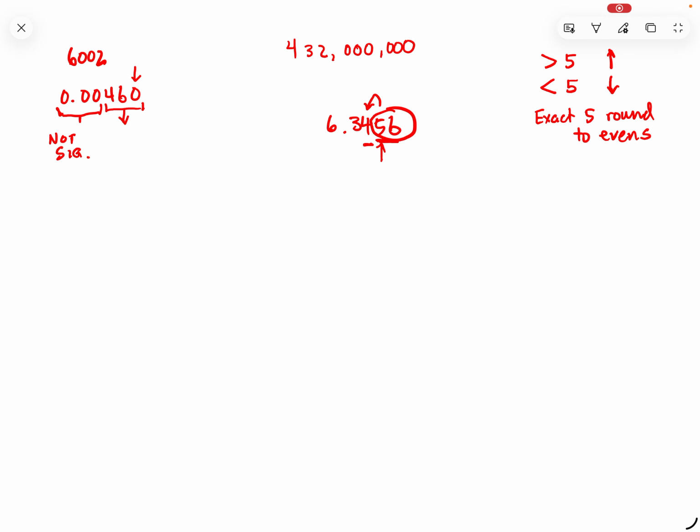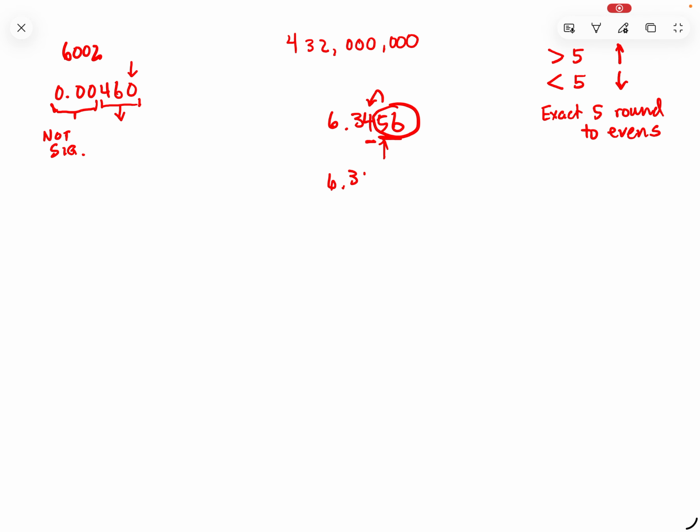All right. For addition and subtraction, we are going to look a little bit differently. We're going to look past the decimal place, at the farthest position over. And the least position in the decimal place is going to be our significant place. So usually for addition and subtraction, I like to line them up, and then it's easier to look at these.